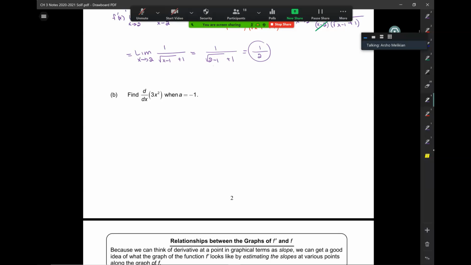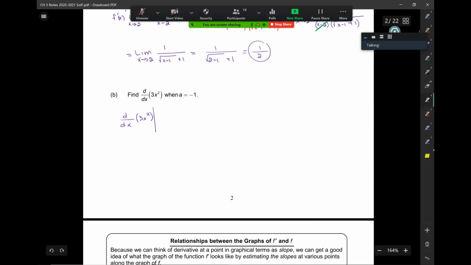d/dx of 3x squared when a is negative 1. Okay, now here's another bit of notation for you. What we want is the derivative of 3x squared. So you see how after the d/dx, you can put f of x, or you can actually put the whole function. We want to evaluate this when x equals negative 1.